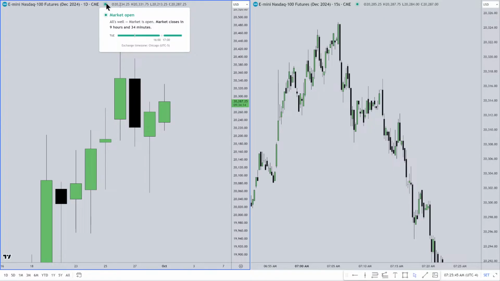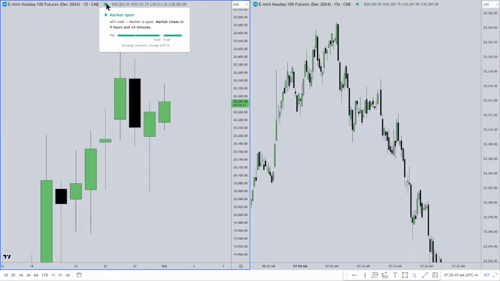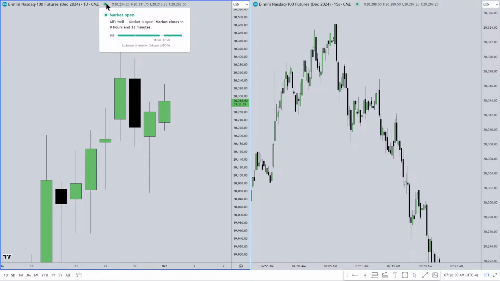What I tried to do was create a game out of it, and it was something I would do on paper. I'd write down what my hypothetical entry would be, where my hypothetical stop would be, and where my hypothetical take profit would be, using end of day data back in the 90s when I first started trading commodities.